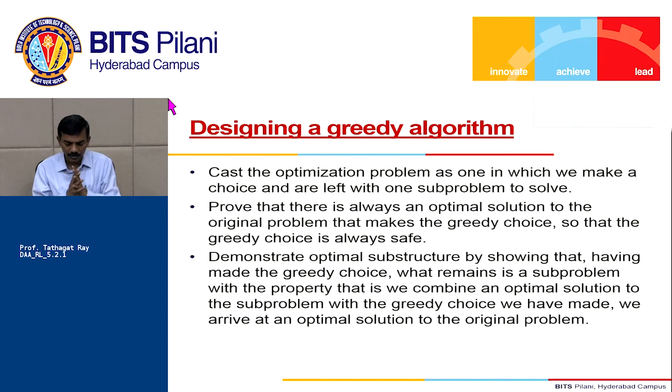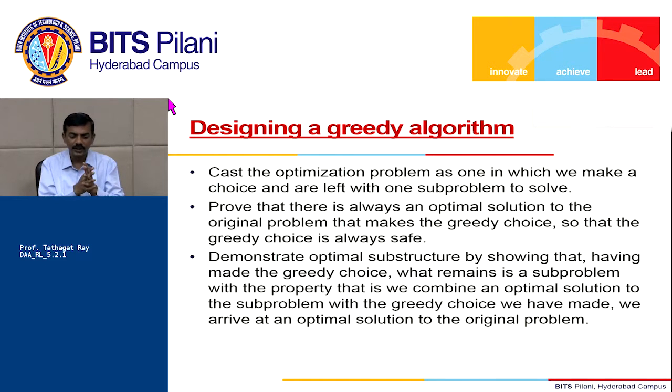So what it is trying to say is that first of all I should see that my optimization problem is such that if I make a choice, then I am left with one sub problem to solve. Then I need to prove that whatever greedy choice I am making, there will be some optimal solution where this greedy choice will fit in.